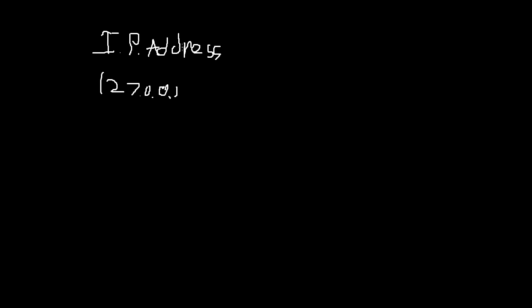There is another version called IPv6, but we won't get into that. It's not even really used by anyone at this point. Soon, hopefully it will, but yeah. Anyways, first you have four numbers. You have 1, 2, 3, and 4 numbers.